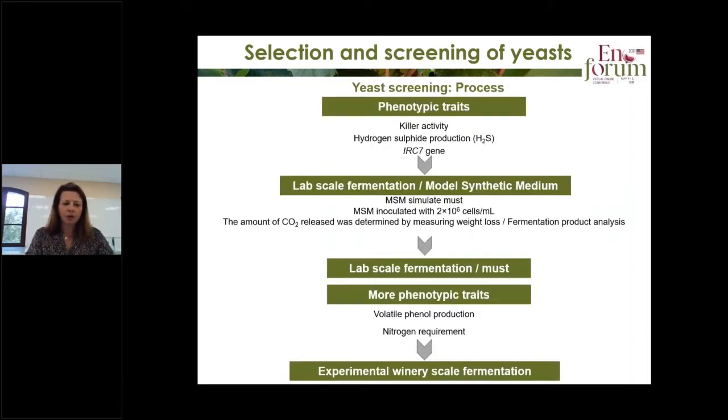As said before, the strains are characterized and studied to select the best. To start, we studied various phenotypic traits like killer activity, hydrogen sulfide production, ERC7 gene, and fermentation capacity in model synthetic medium and in musts.